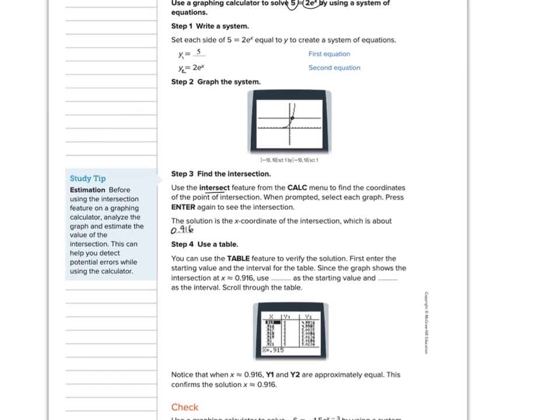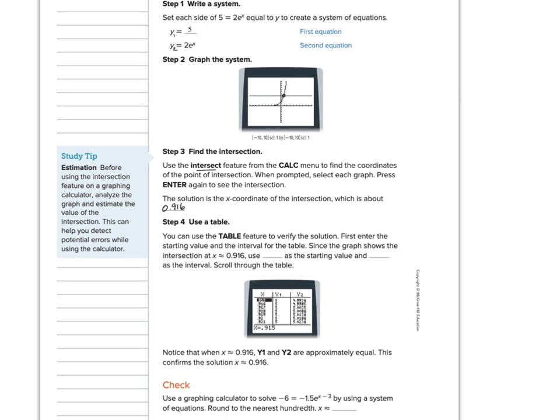You can also use a table. It says you can use a table feature to verify the solution. So when I plug in the table, we've talked about using the plus sign and adjusting down to the 0.001, so we can go to the thousandths and look at different decimal places.